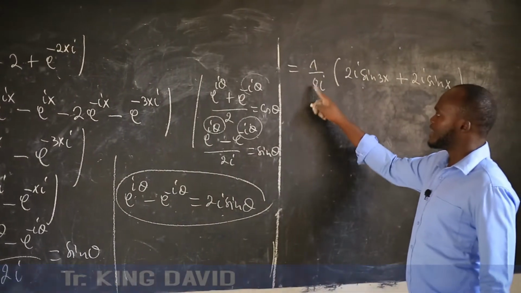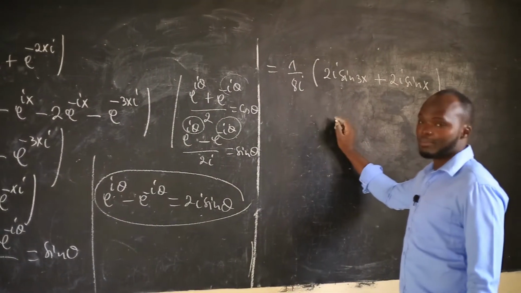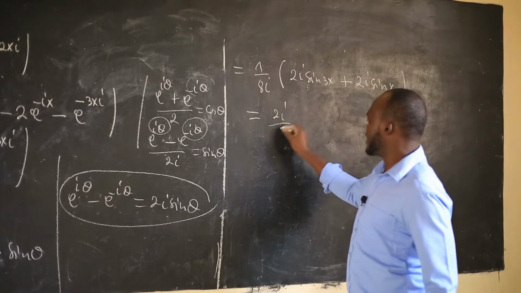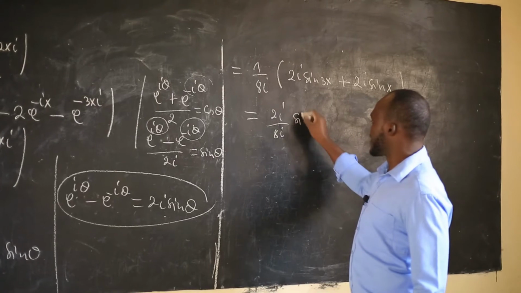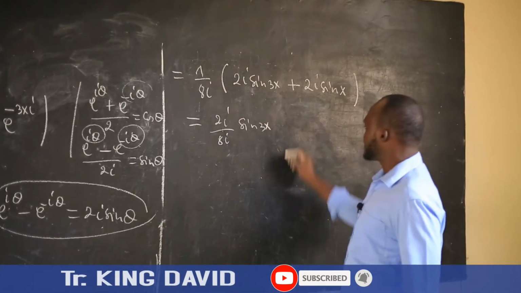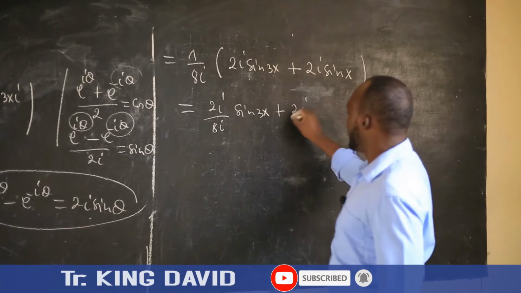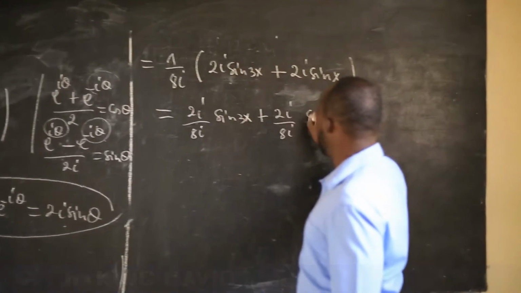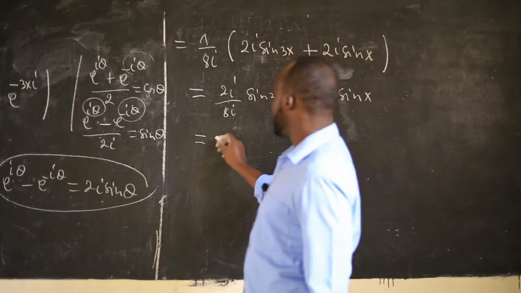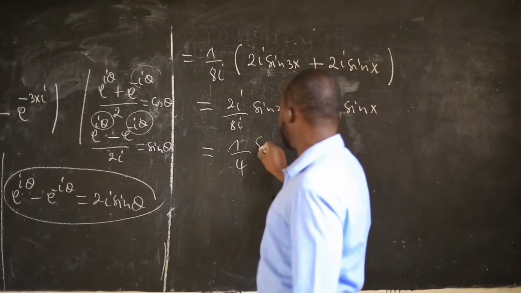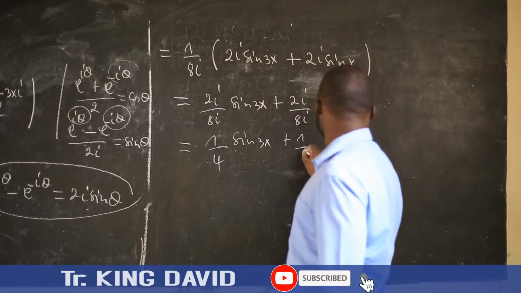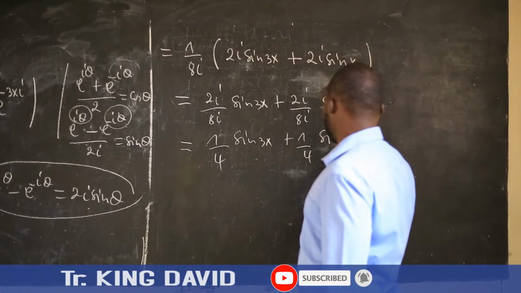So we just multiply 1 over 8i inside the bracket. We get 2i over 8i sine 3x plus 2i over 8i sine x. So the answer is 1 over 4 sine 3x plus 1 over 4 sine x.